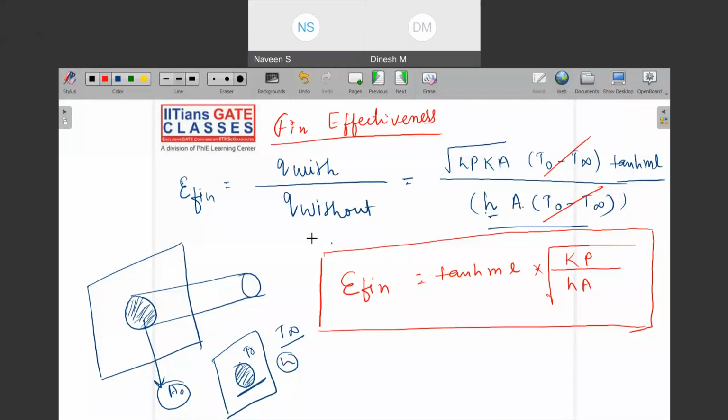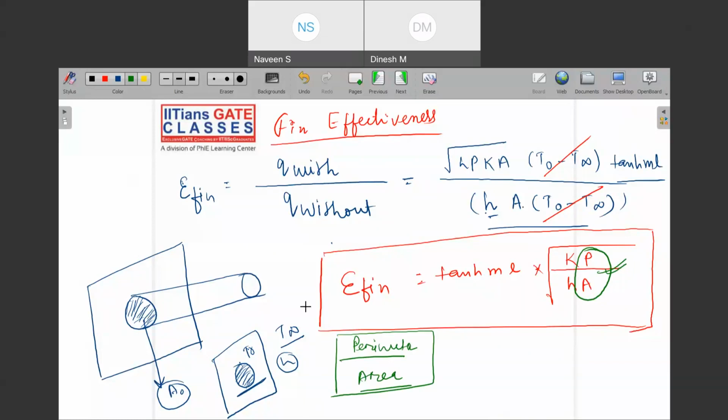One thing. And second most important thing, can we see that this is the ratio? What we can see is that it is P by A. This ratio is P by A. So P by A means what? Perimeter upon area. So in order to have effective heat transfer, what should this ratio be? This ratio should be higher, yes or no? Then only your effectiveness will be higher.